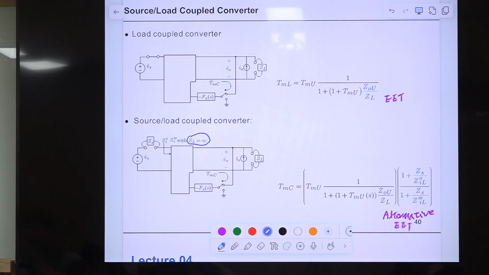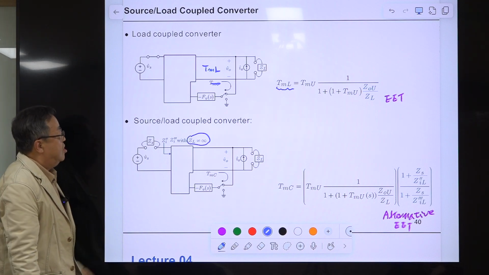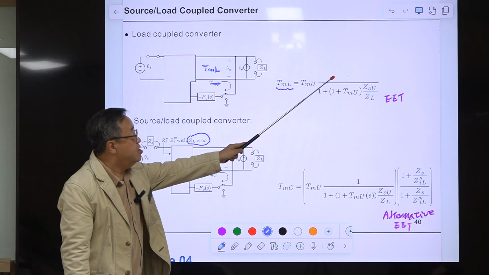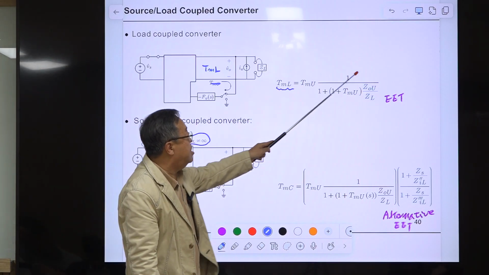So this should be TML. This is okay, but I made a mistake here. So TML is related to TMU, and this is the modified EET expression.